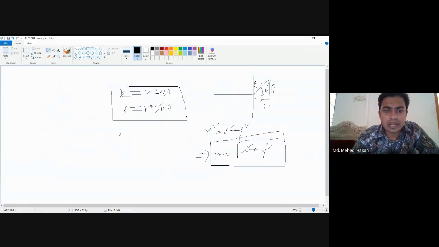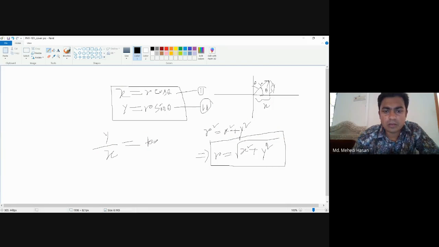Now in the case of theta, how can we find theta? If we divide equation 2 by equation 1, we get y by x equal to r sin theta by r cos theta. The r cancels out, and sin theta by cos theta is tan theta.